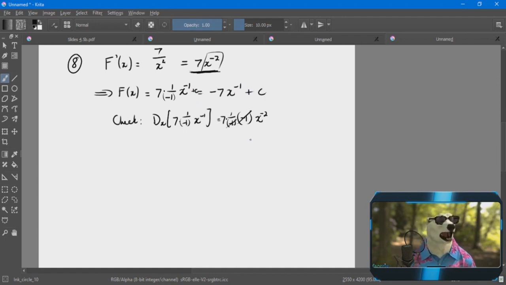So reversing the power rule can get me pretty far in terms of finding these antiderivatives. Of course, there's always the constant times a function, the sum and difference property, and the constant property working sort of in the background.